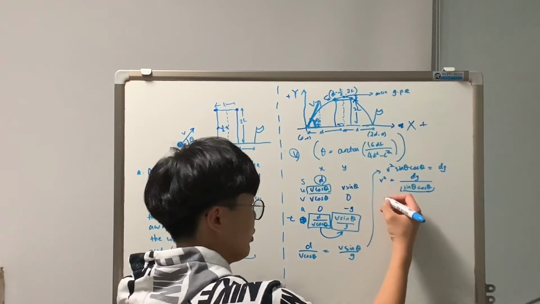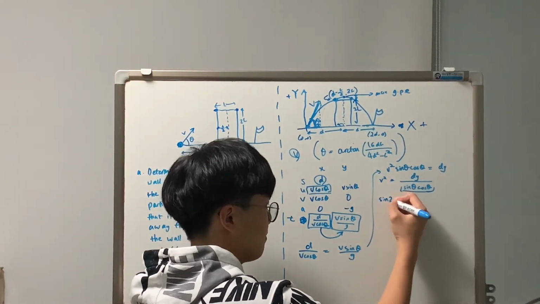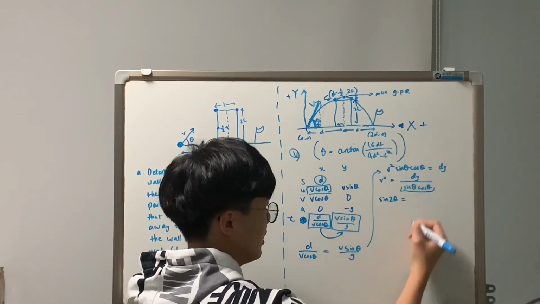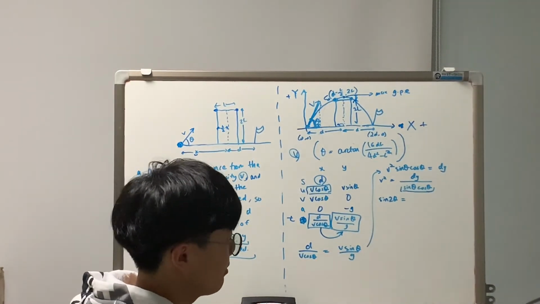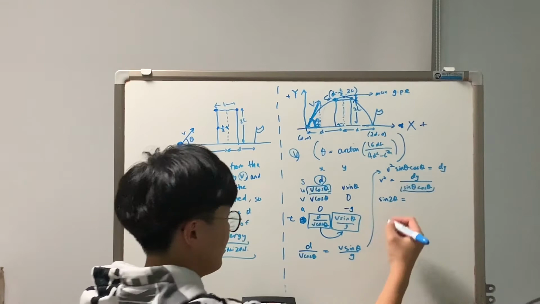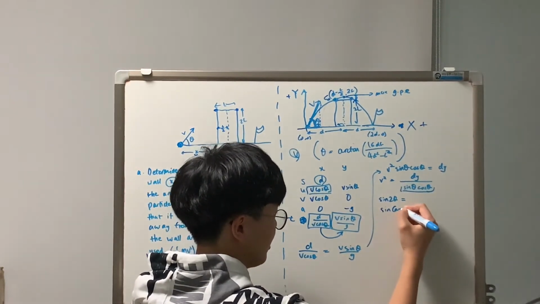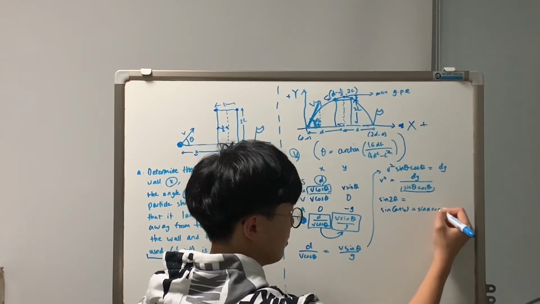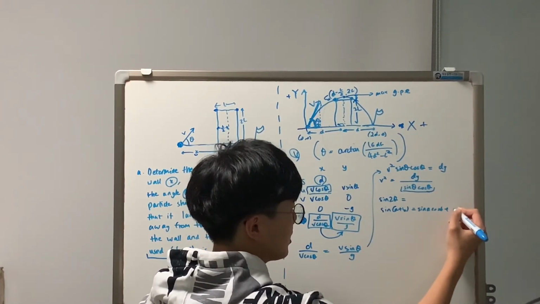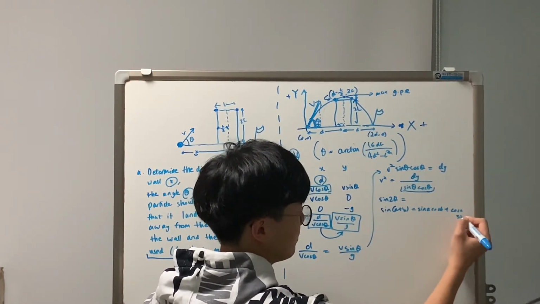We know that sine of 2 theta is equal to, when we have sine of a plus b, sine a cosine b plus cosine a sine b.